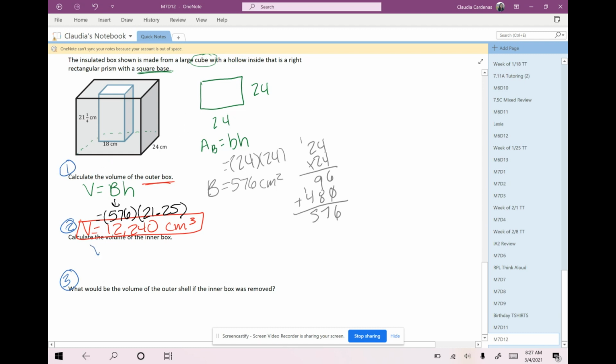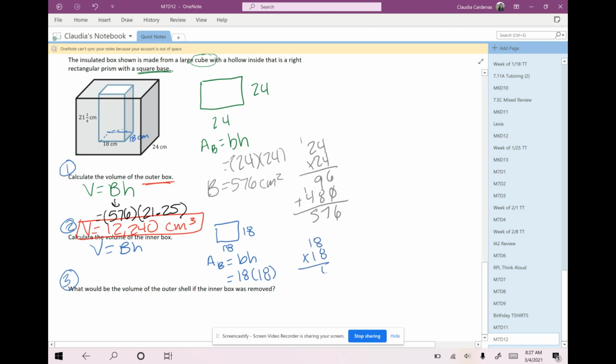And so again, I know the volume formula is area of the base times the height. I know that we have a rectangular prism inside our cube that also has a square base. So that means if one side is 18 centimeters, the other side is also 18 centimeters. So if I just redrew it to visually see it over to the side, I can find the area of the base by multiplying 18 times 18.